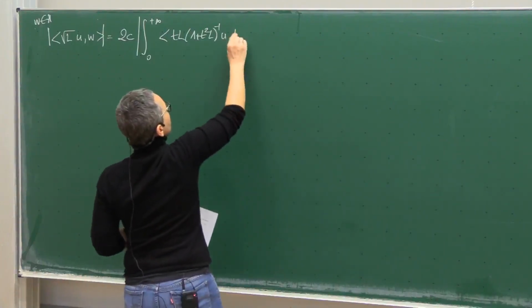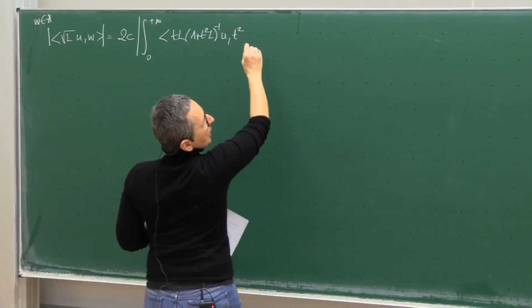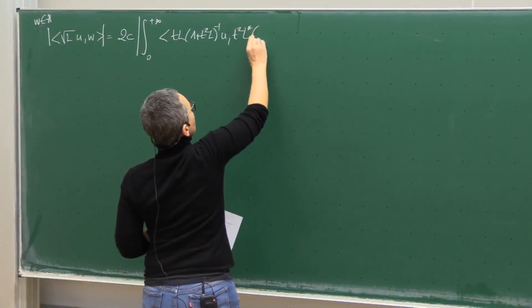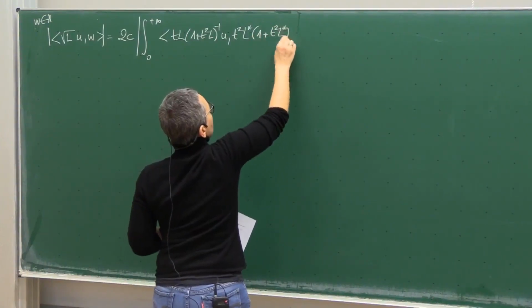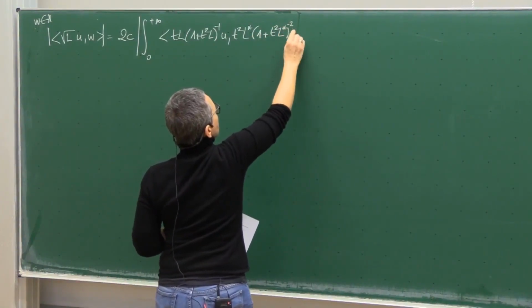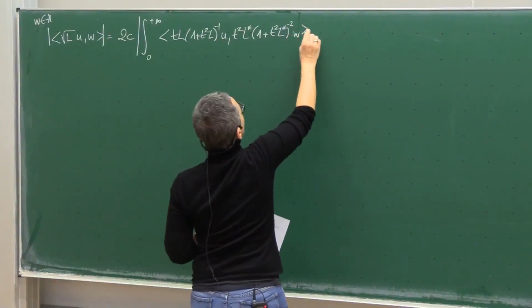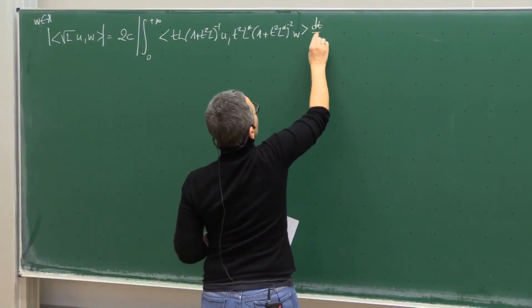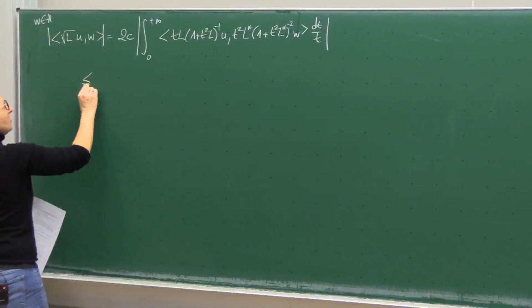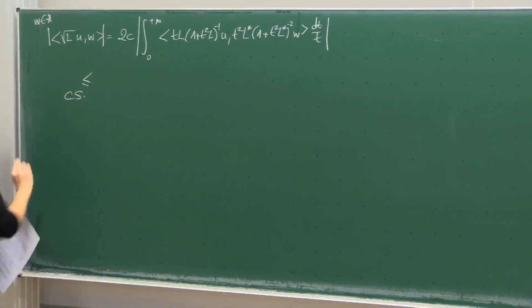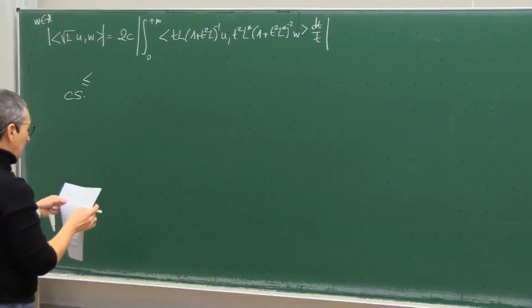And then I have a t squared L star (1 plus t squared L star) to the power minus 2 W dt over t. And then I use Cauchy-Schwarz.